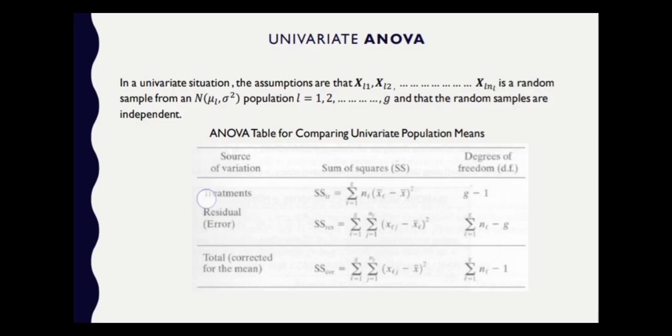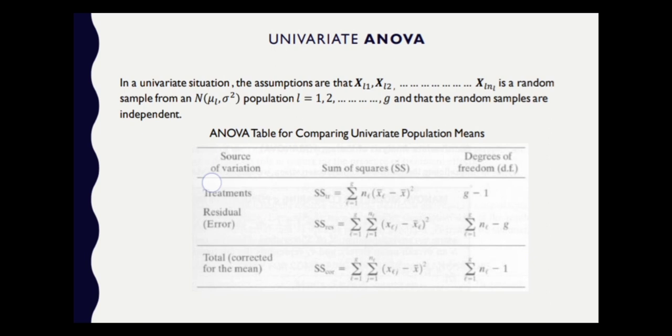We have the notation of capital X L1 until capital X L and L. L refers to the population and n L refers to the sample size of the population, and we have the mean for every population, with notation mu L. The second assumption is that all populations should have a common covariance matrix, big sigma.